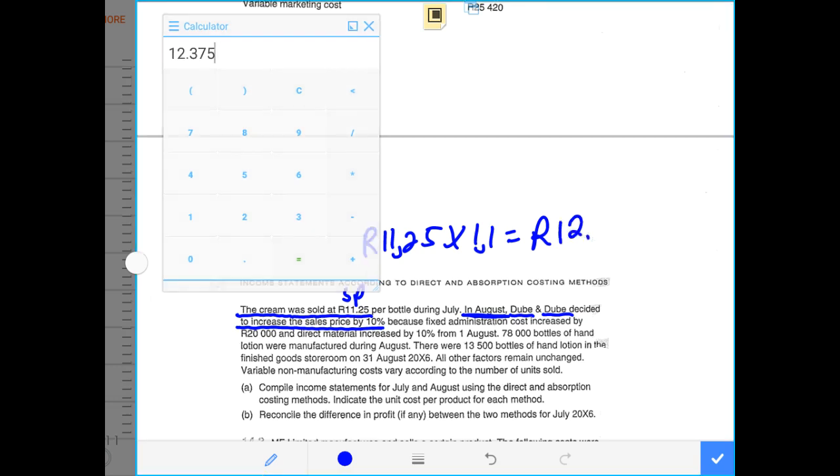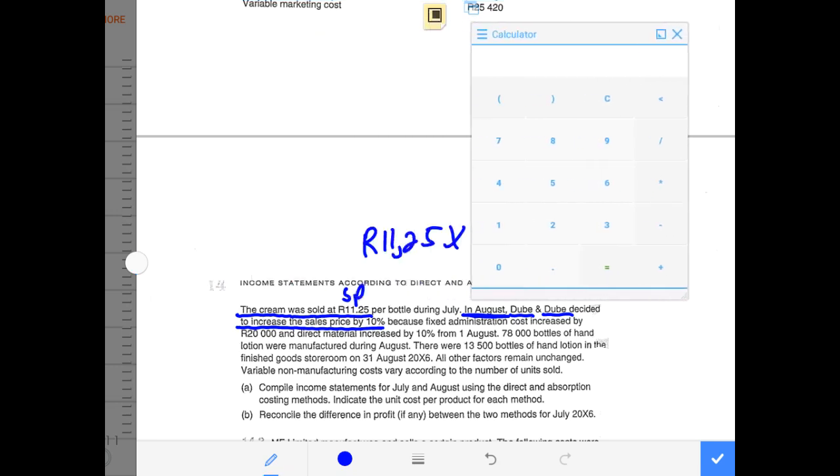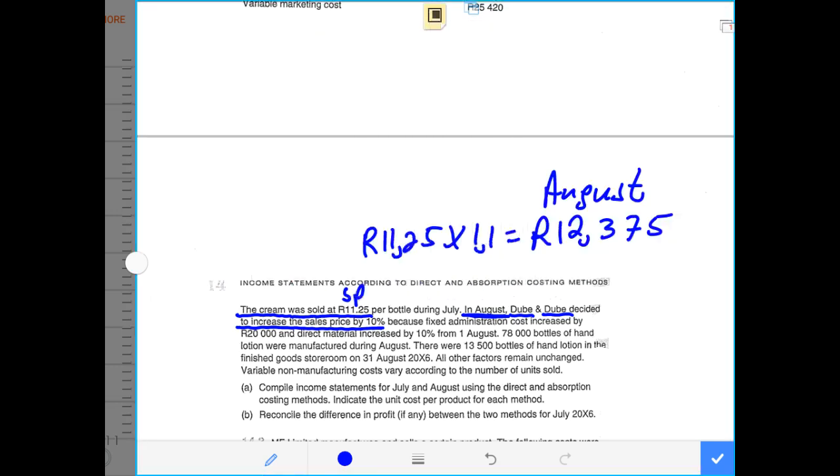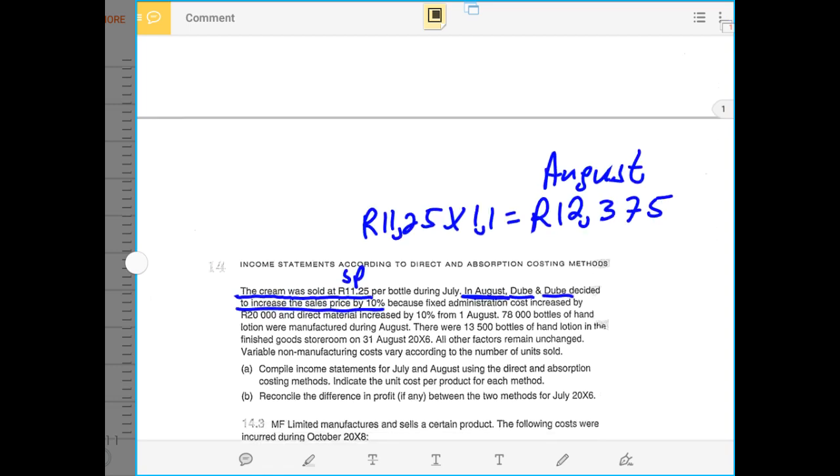It will be 12.375, which is the selling price in the month of August, because they told us that the company increased their selling price by 10%. So now that means the selling price for August will be 12.375. I will not round off, I'll just keep the 3 decimals as they are.